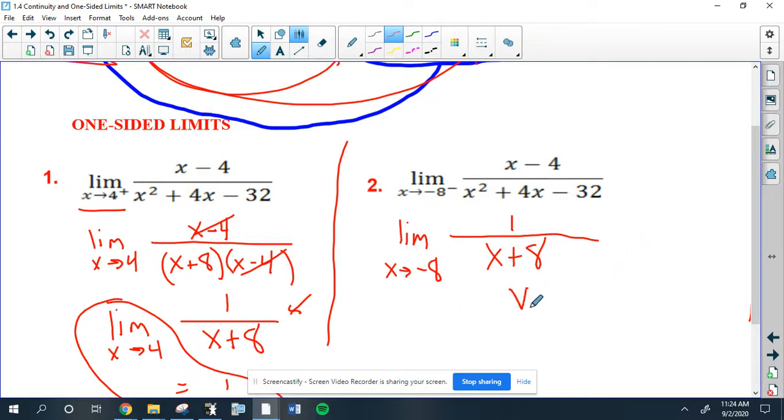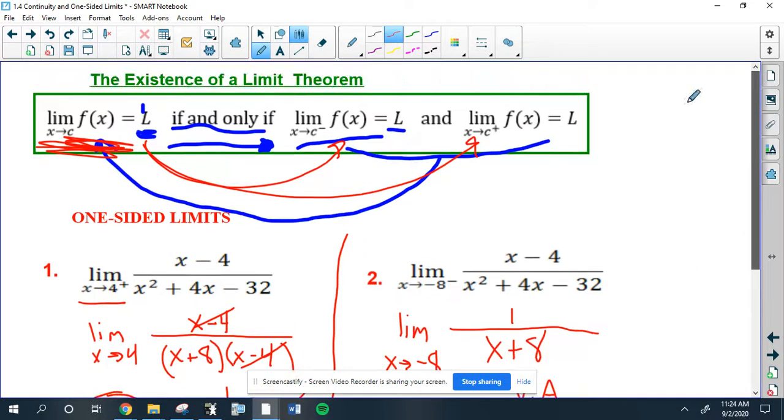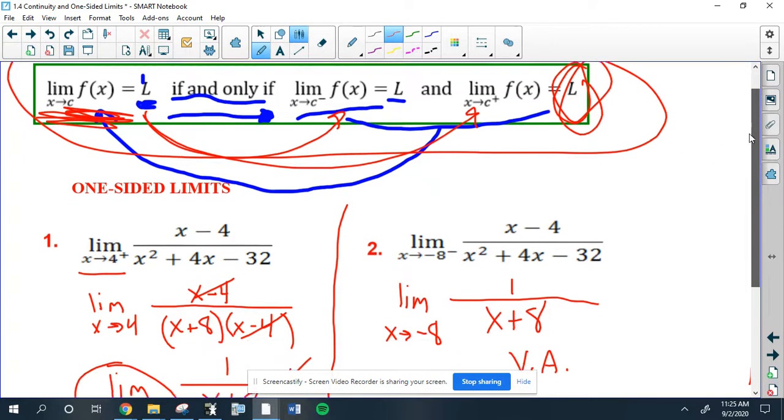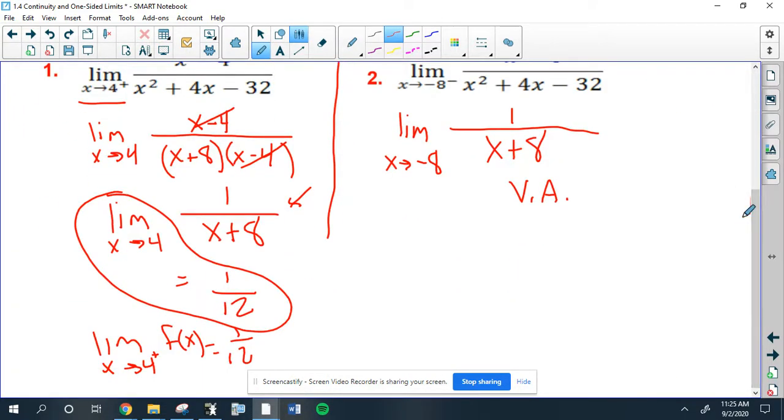So you can't use this theorem because that limit does not approach a specific constant number. But you can still analyze this. If there's a vertical asymptote, the limit does not exist. But for a rational function, that would mean both sides are going to positive or negative infinity.